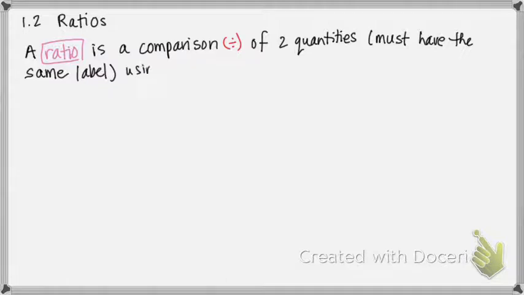And again, I'll reiterate, using division. So two numbers using the same label, using division. This sounds strangely like something we just finished talking about, also known as, aka, a fraction.